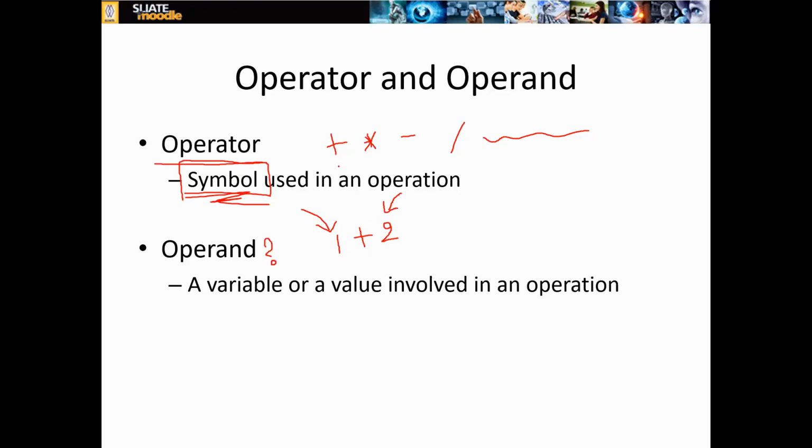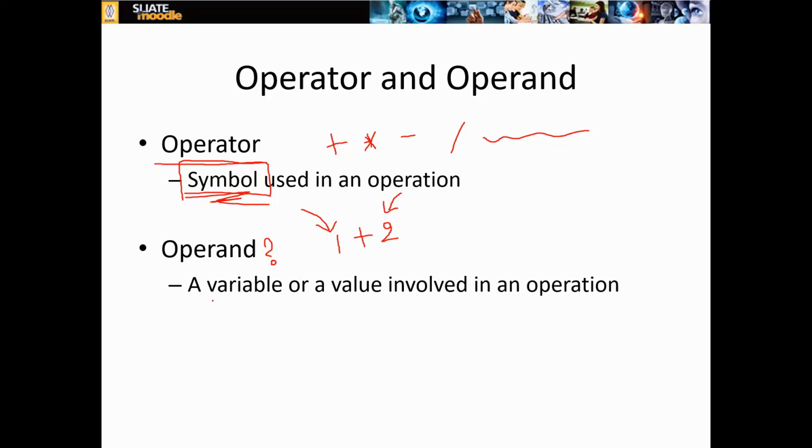We know that plus means addition, but if we just use the symbol, we don't know what we are going to do with that. But when we give this kind of operands, then it is really clear that we are going to add these two operands together.